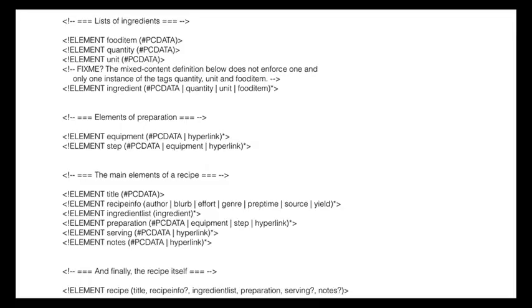But you don't just get those elements for free. You have to create them. You have to declare them. And that's done in a DTD, such as this DTD that we looked at earlier for that recipe.